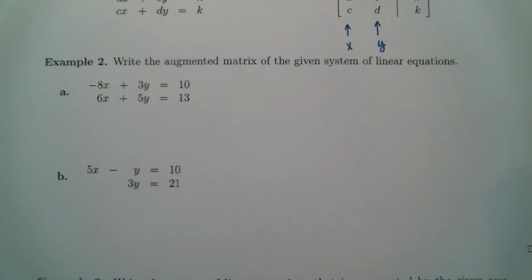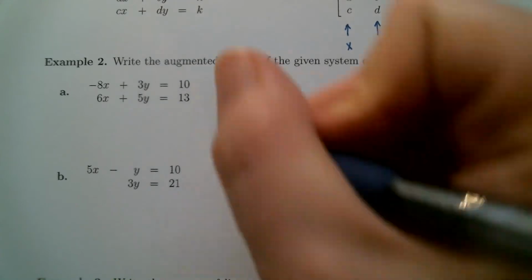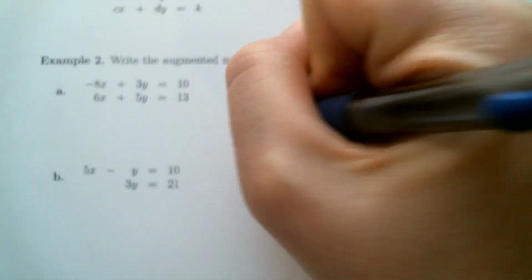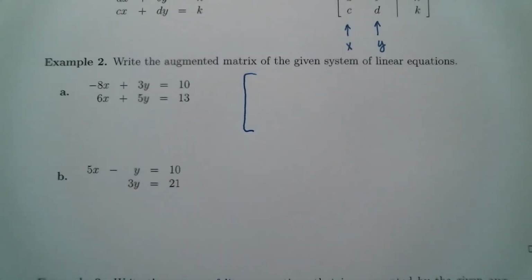We are going to take a system of equations and write it as an augmented matrix. In part A, our system of equations is negative 8x plus 3y is equal to 10, and 6x plus 5y is equal to 13. I'm going to draw a matrix, and you're writing down the numbers you see.